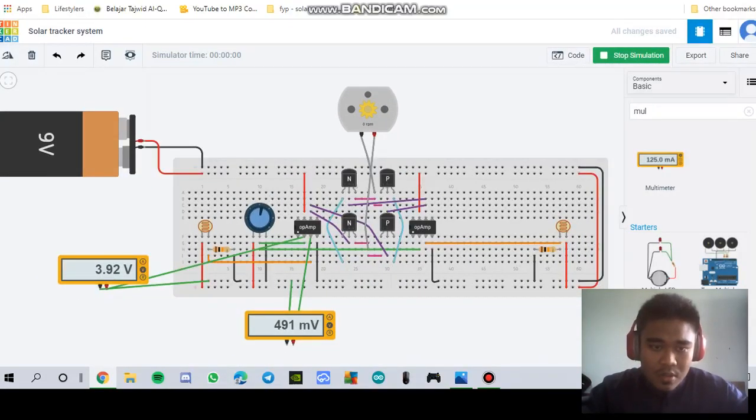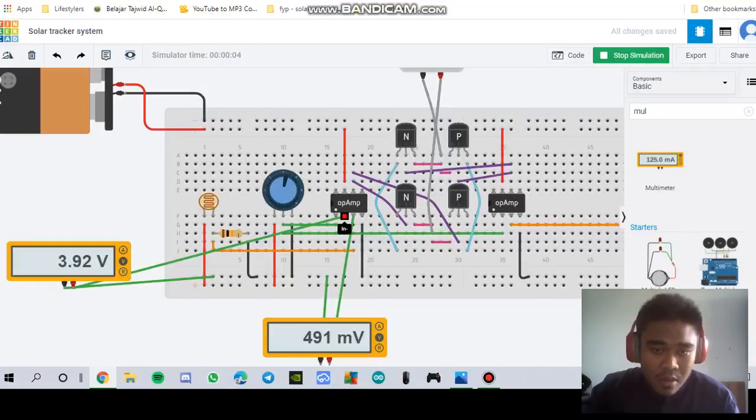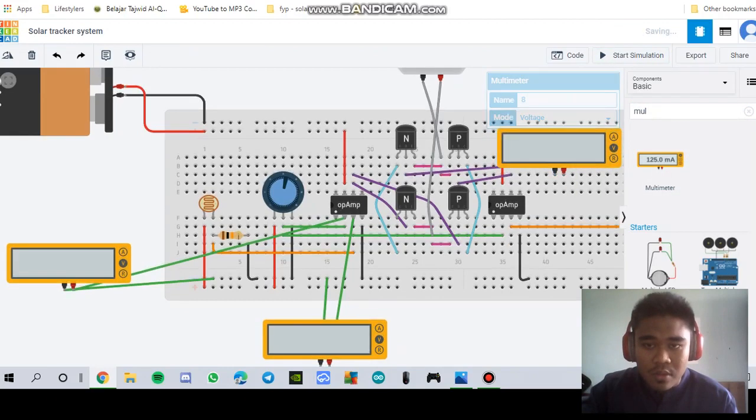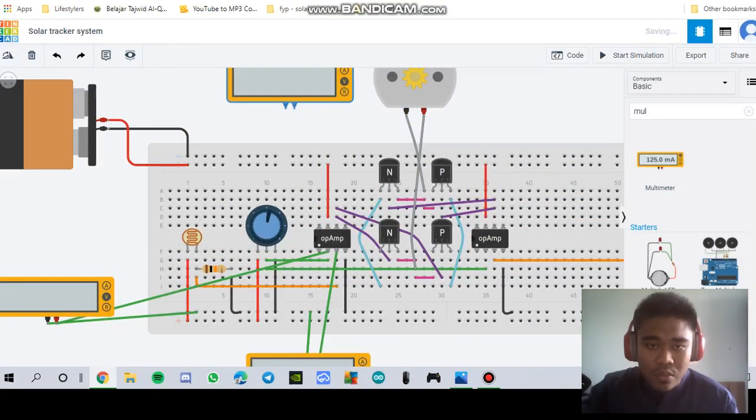As we can see, the value of the inverting voltage is higher than the value of the non-inverting voltage.